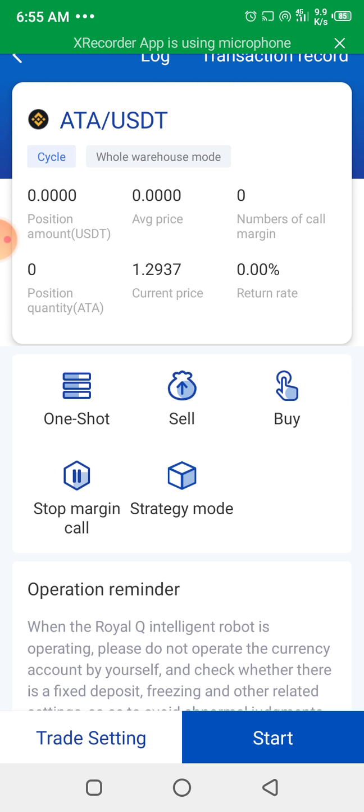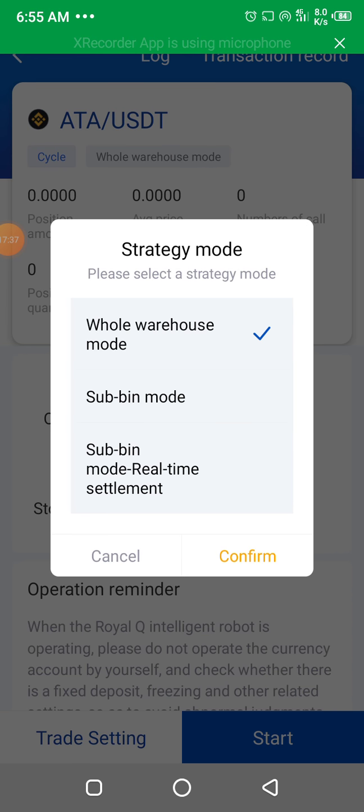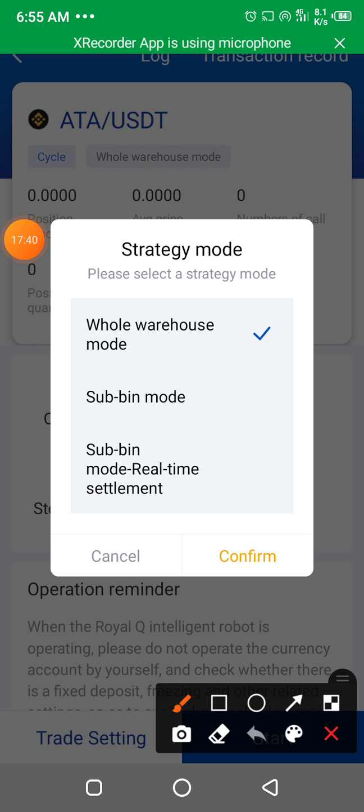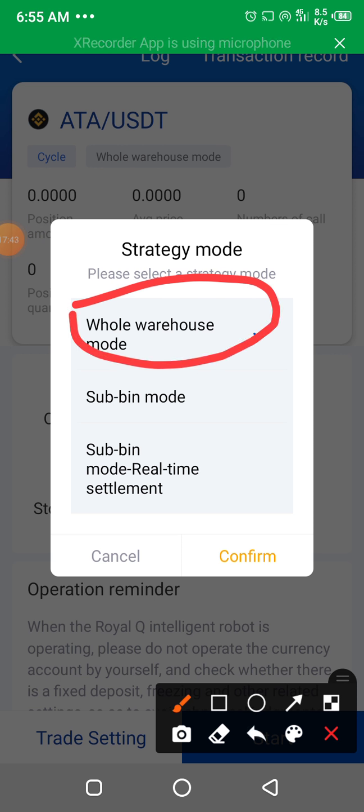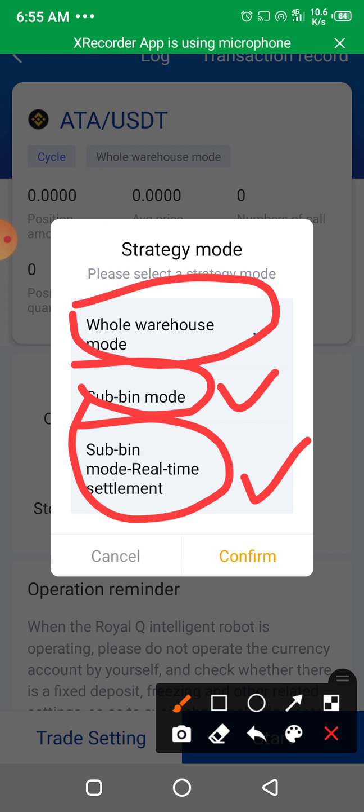So some persons are still asking about this trade strategy mode. When you open it, you see whole warehouse and sub-bin rate time mode. So basically this one and this one perform almost the same function. So this one, whole warehouse mode, shows you record from 1 to 4 calls.